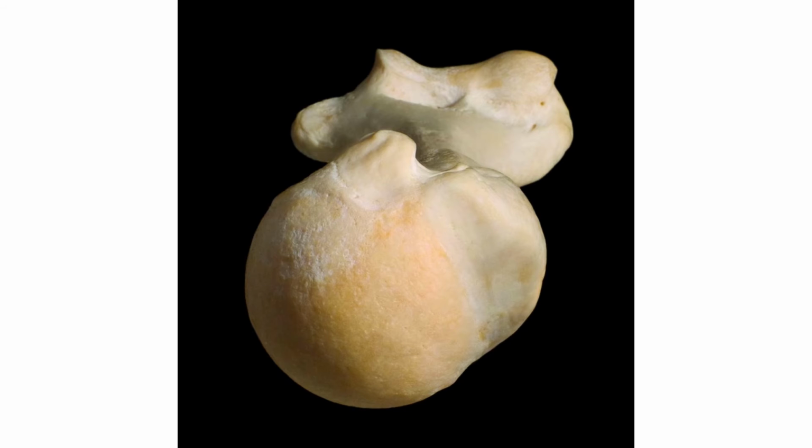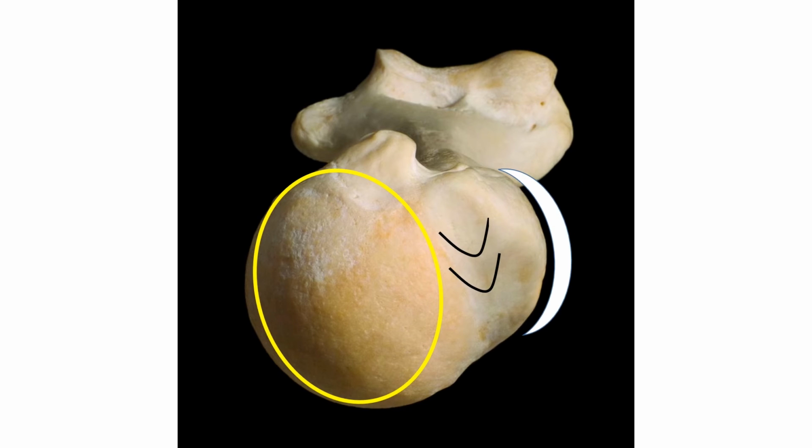What is this? This is a photograph of the head of the humerus taken from the superior view, and it shows the head of the humerus, and then to the right it shows that there is a constriction inferior to the head of the humerus, and any constriction inferior to a head is called a neck.